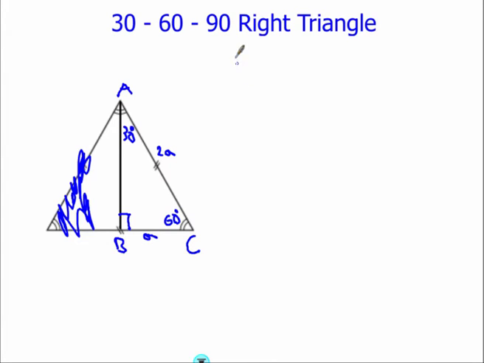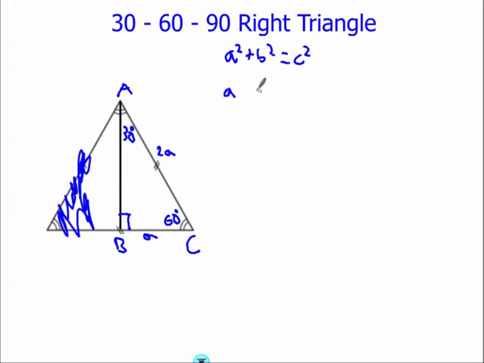The Pythagorean theorem tells us a squared plus b squared equals c squared, where a and b are the two legs of the triangle, and c is the hypotenuse of the triangle. So let's substitute in some values here. A we know is a, that's fine.